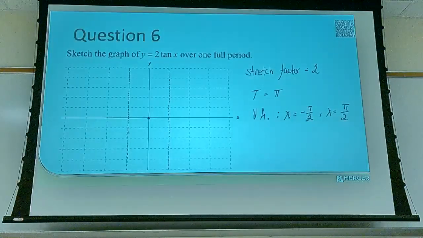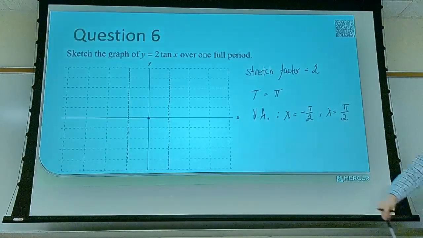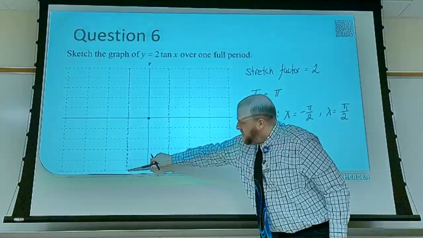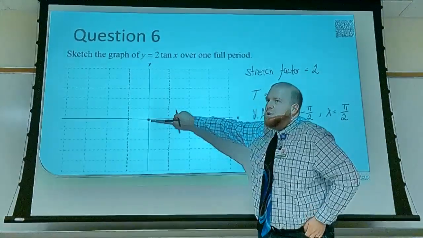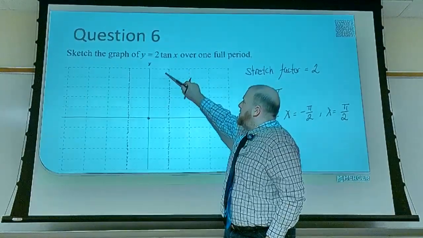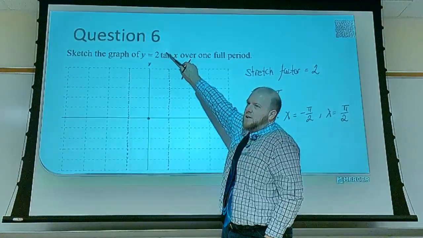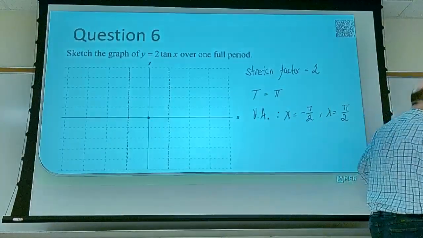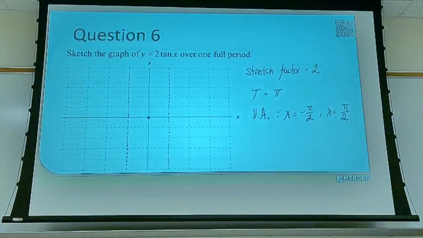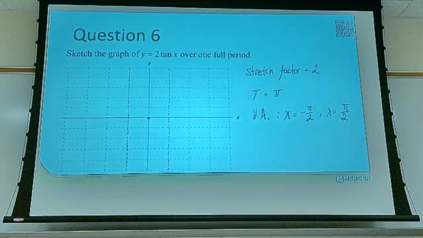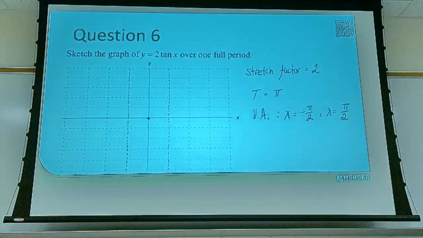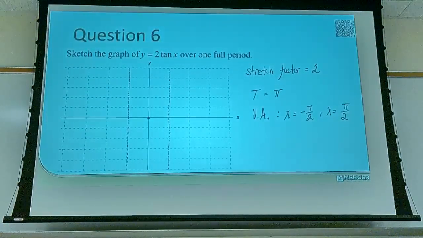So we'll start from down here. It'll come up from down here, cross through the origin and then go up on that side. But we also have to take into account the stretching factor of 2, which is annoying.